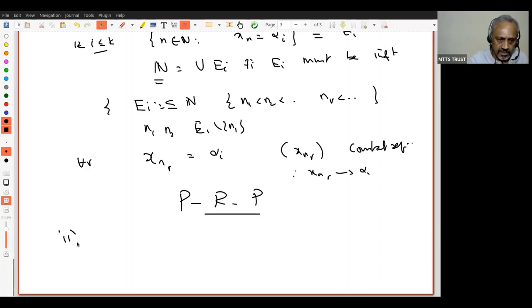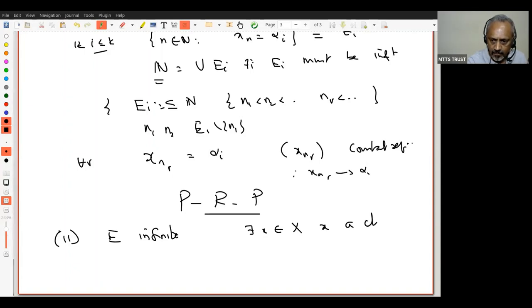The next case is that the range is infinite. Now this is an infinite set. Therefore, by hypothesis, there is an x such that x is a cluster point of E. Is that clear?